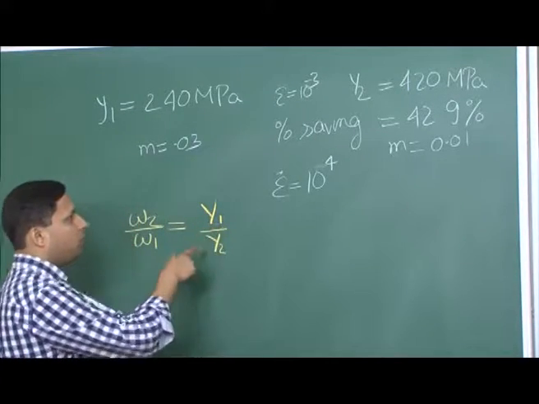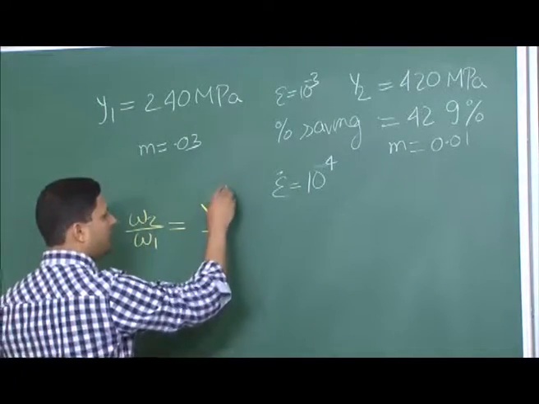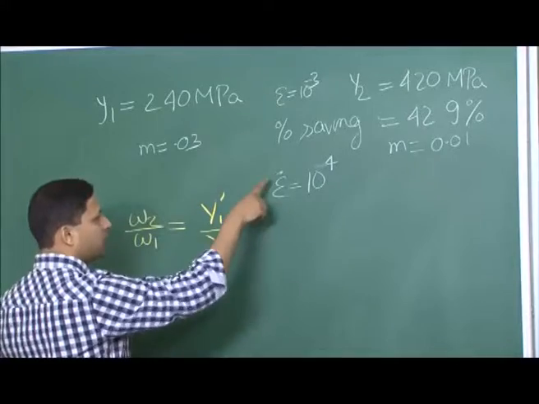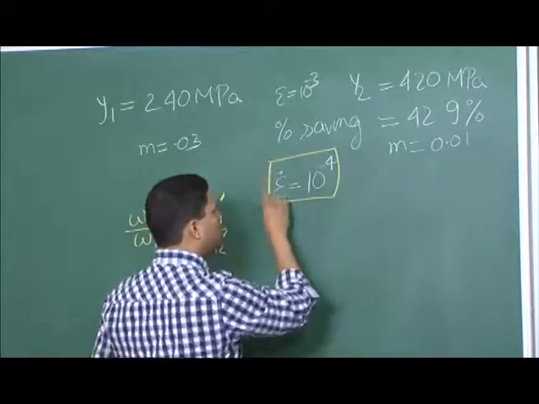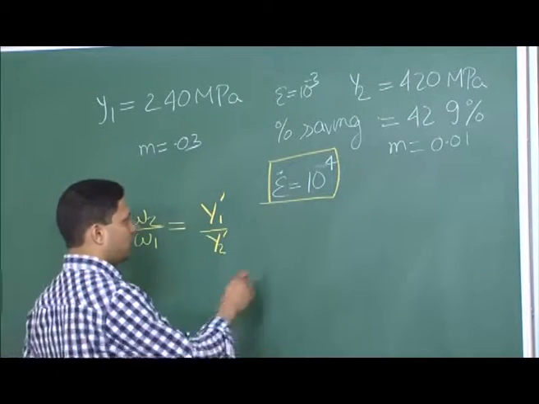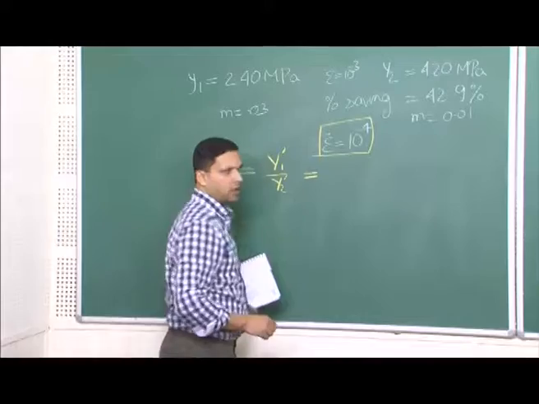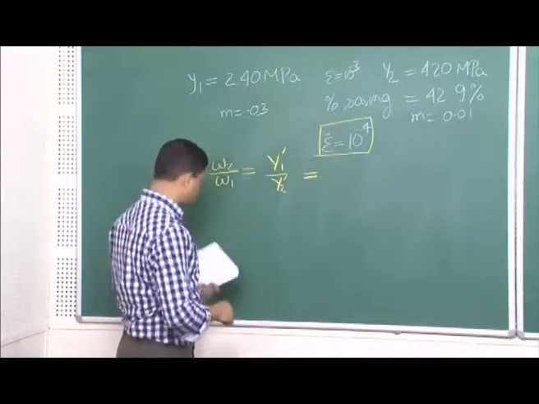But now we will not be using yield strength values as they are. What we will be using is the yield strength value measured or calculated for a strain rate of 10 to the power 4, and we know how to do that. You have to just use the equation y equal to c times strain rate to the power m. We already know the m value.